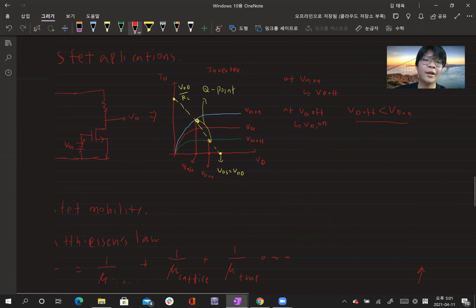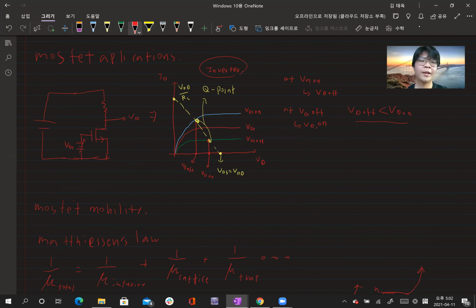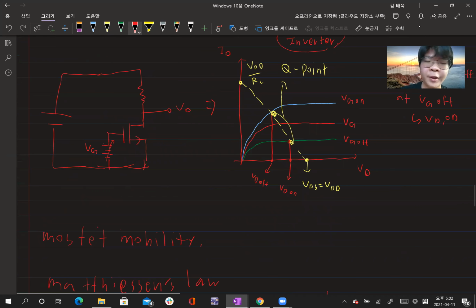So using these MOSFETs, we can use them as an inverter, because as in here, the VG is controlled as a variable voltage source, and the current flows from VDD through R as drain, to source.